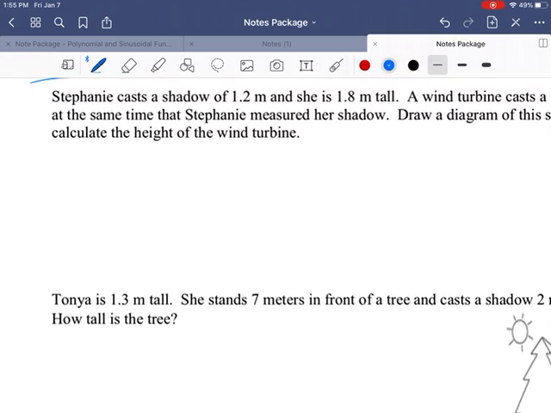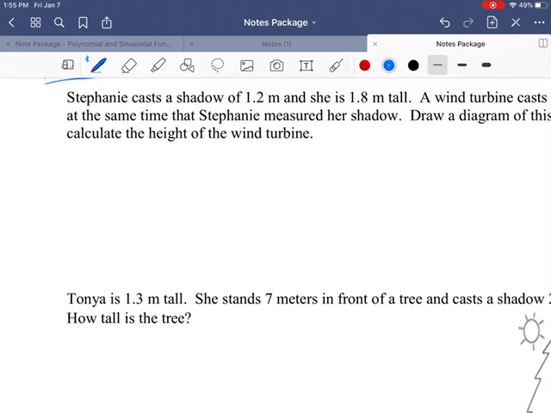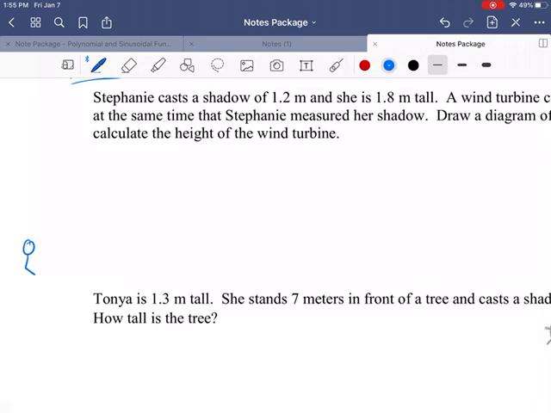Stephanie casts a shadow of 1.2 meters, and she's 1.8 meters tall. So let's draw this situation. So the shadow is 1.2 meters, and she's 1.8 meters tall. And we're also comparing this to a wind turbine.